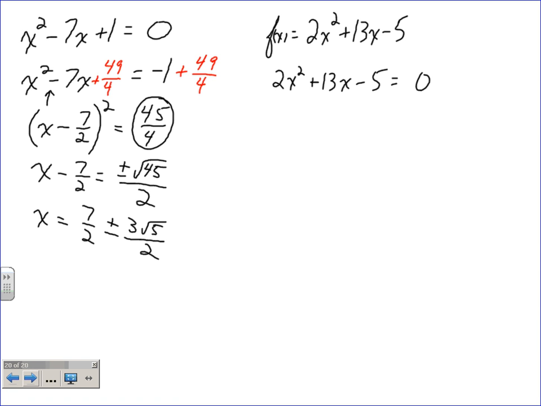But when you complete the square, your coefficient A, your leading coefficient, has to be 1, not 2. So in order to find the zeros, I need to divide every term by 2.